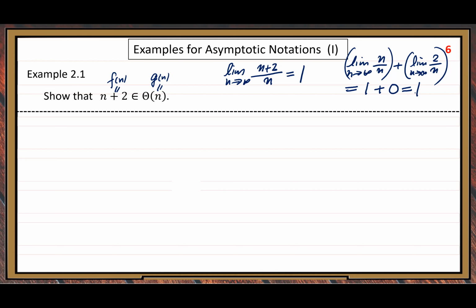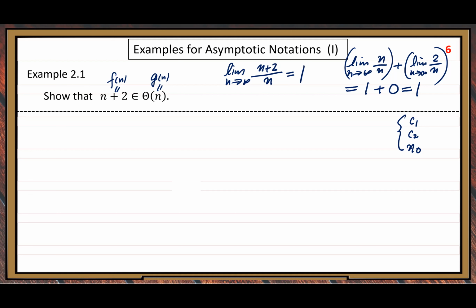We need to find these three things. It's harder than the limit way. With the limit way, you do not need to find those constants. You just calculate the limit, and if the limit is a non-zero constant, then you can make your conclusion.